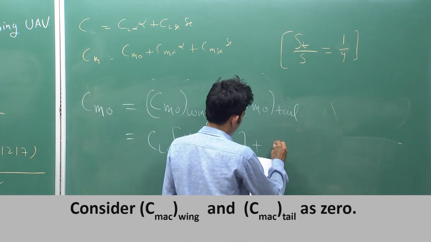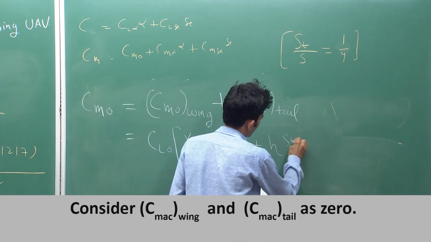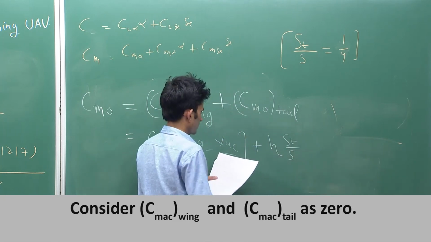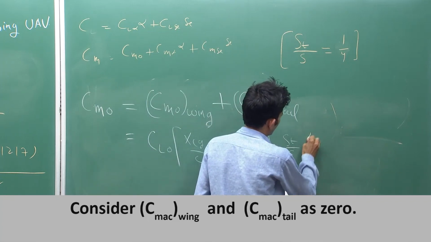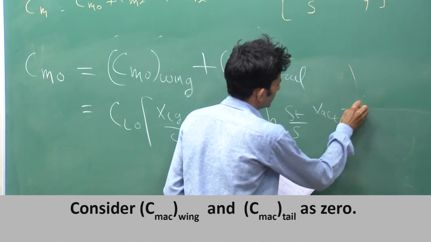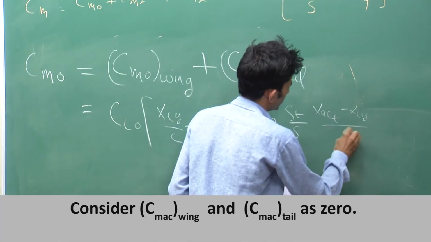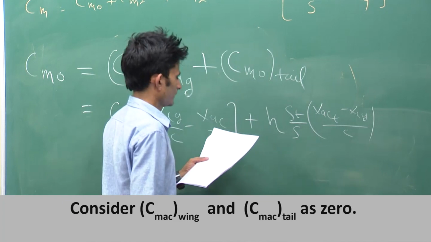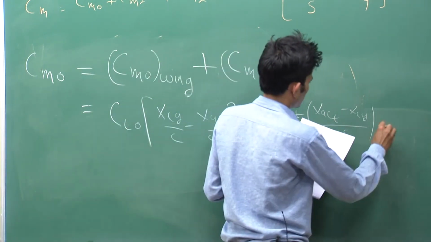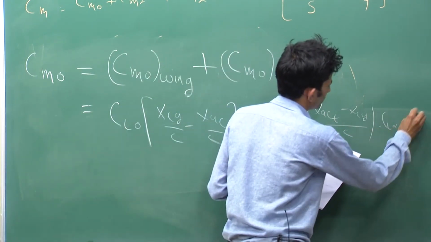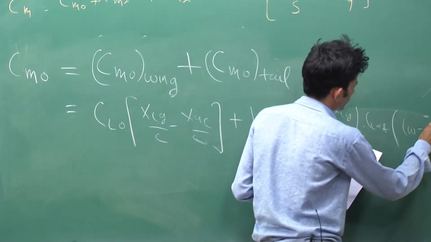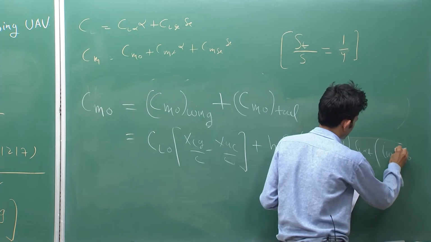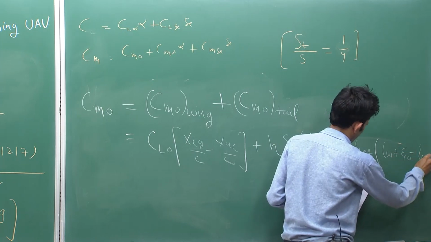It is eta ST by S into XAC of tail minus XCG divided by C, into CL alpha of the tail, IW minus epsilon IW plus epsilon naught minus IT.